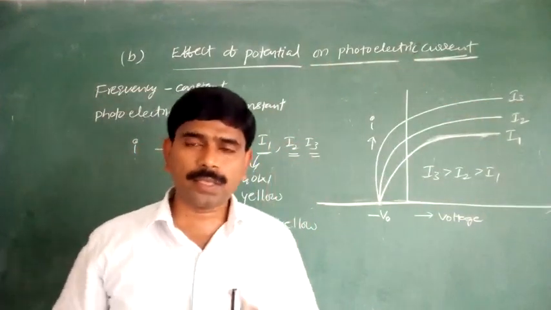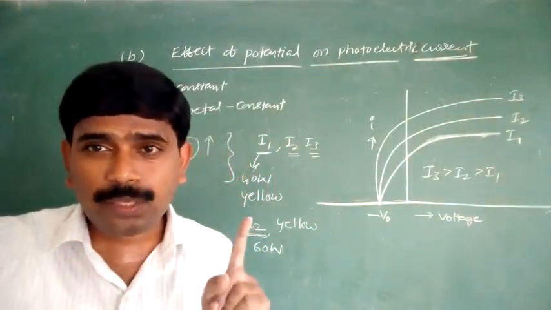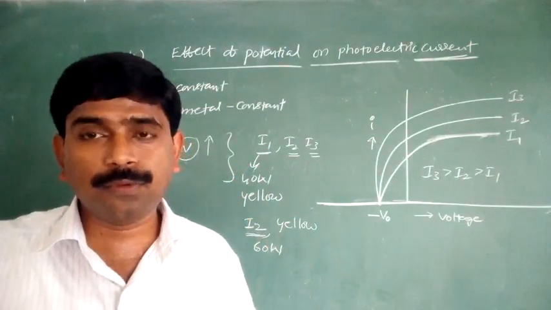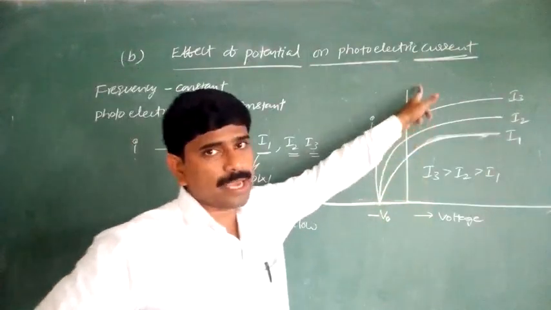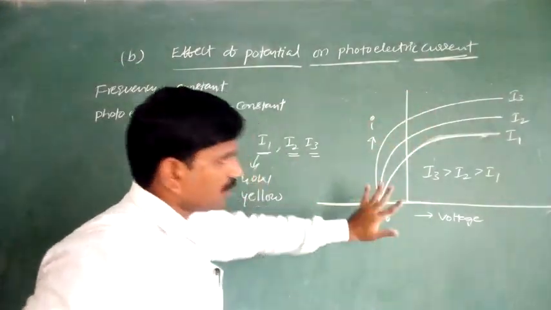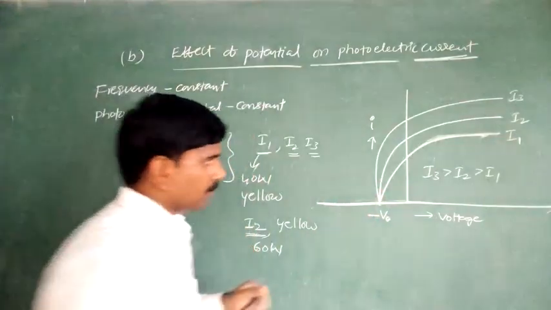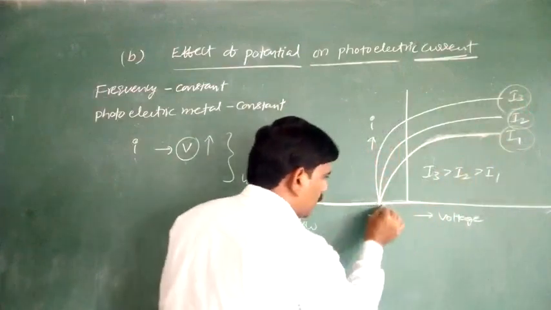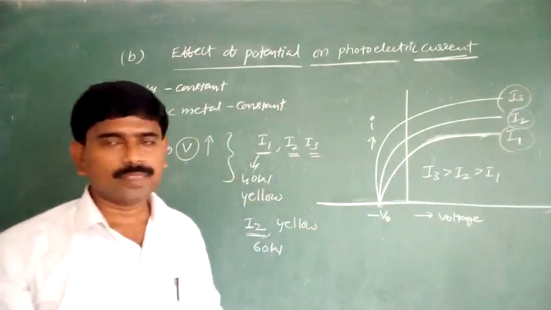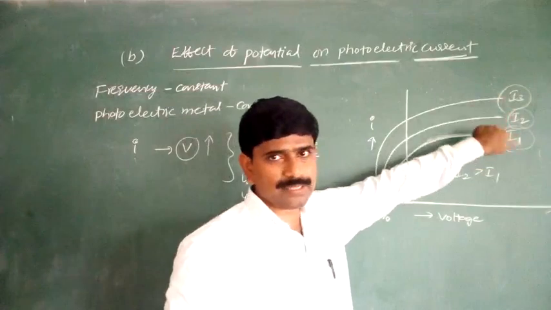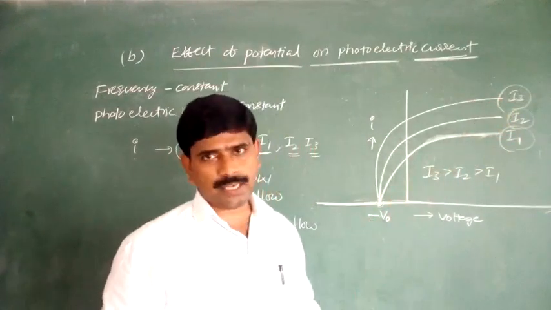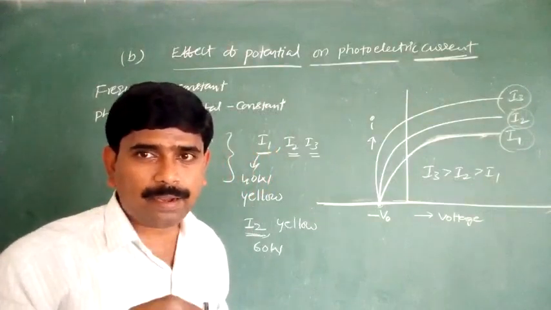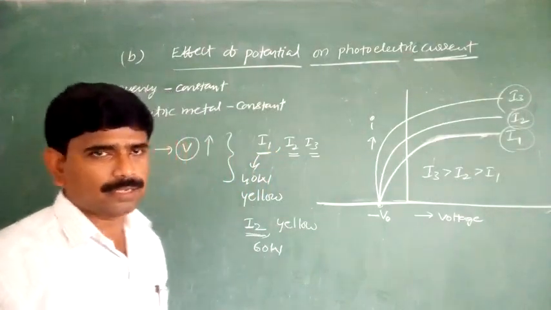From the first one also we conclude that with respect to the intensity of the incident radiation, the photoelectric current increases. So from this graph, what are the observations? Whatever the intensity of the incident radiation, the stopping potential is the same. Stopping potential is independent of the intensity of the incident radiation.